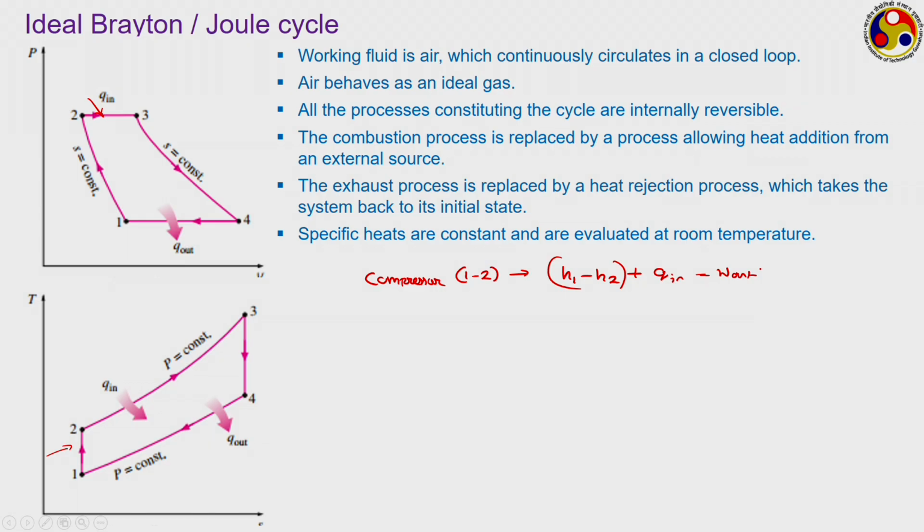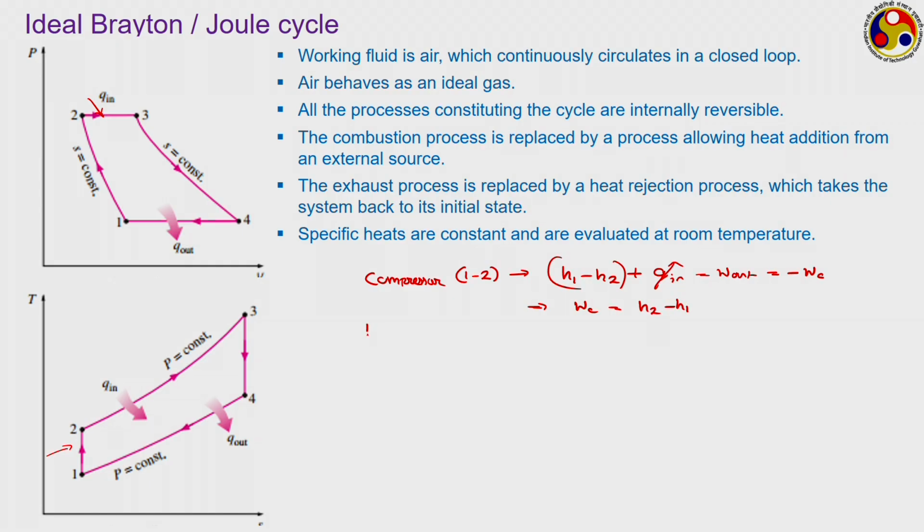Now, look at the compressor, it is isentropic. So, there is no Q in and there is no work output, rather it is work input. So, this W out can be replaced by minus W c, where W c refers to the compressor work, and so the compressor work W c can be written as H2 minus H1.